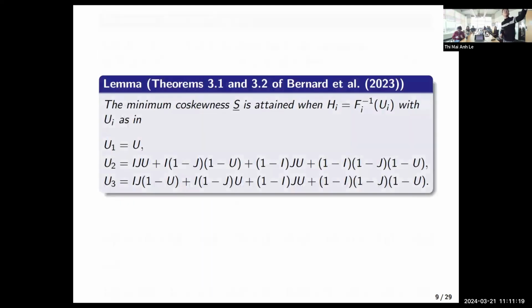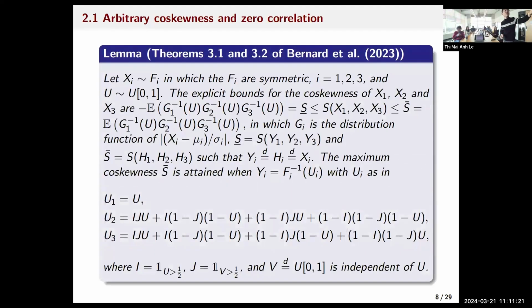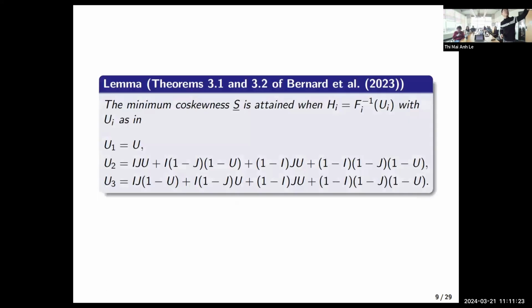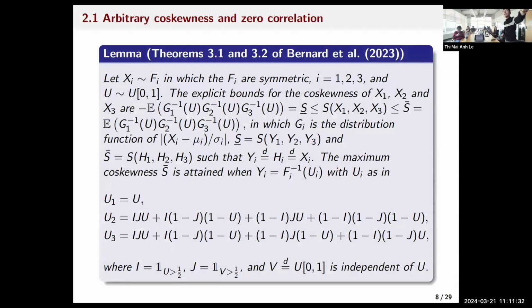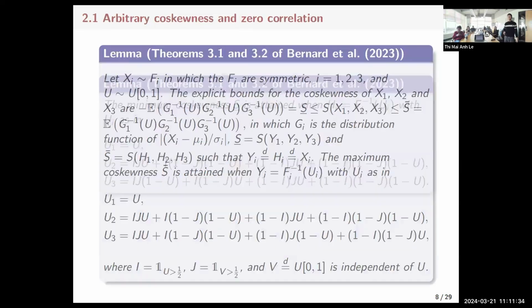Because U1 and U2 in both the maximizing and minimizing copulas are the same, the only difference is U3. They have different structures.